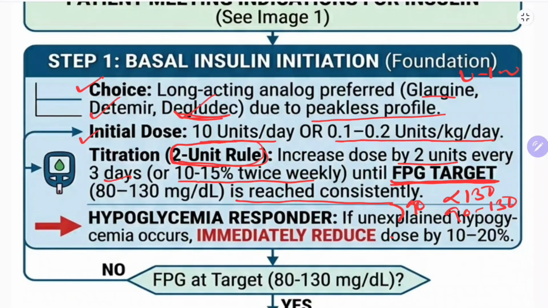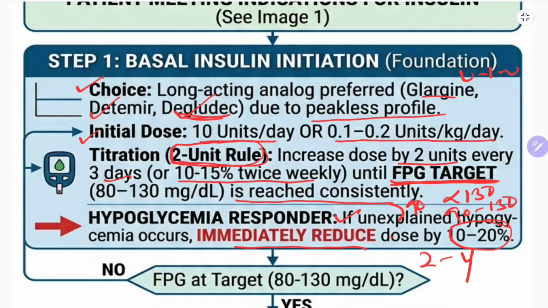One point to remember is, if unexplained hypoglycemia occurs at any point of time in the patient, then immediately reduce the dose of basal insulin by 10 to 20%, or you can say 2 to 4 units.